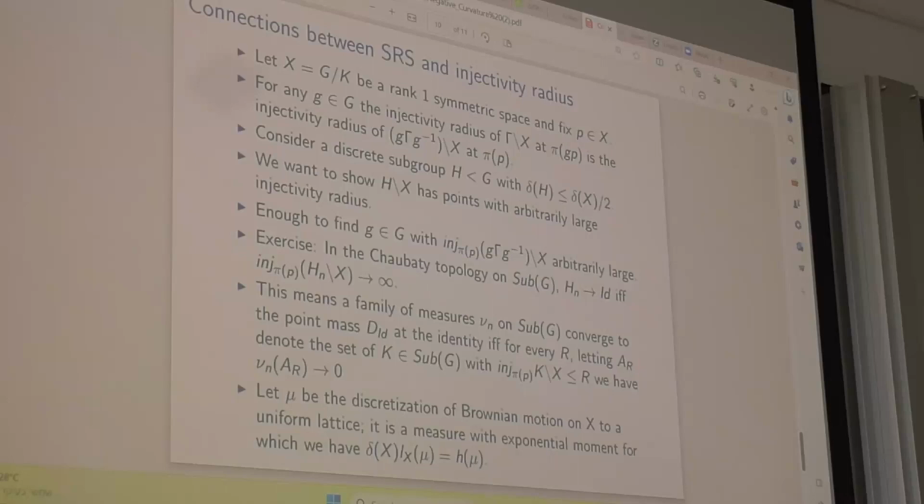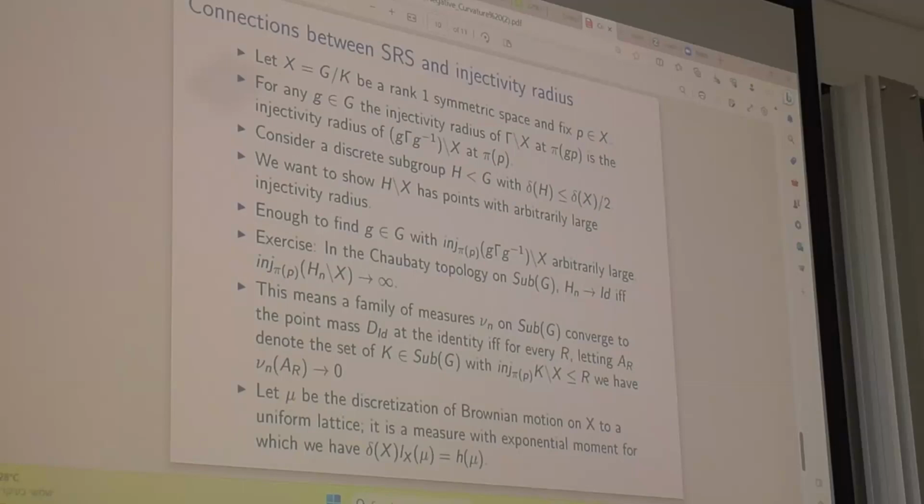Okay, so now we're ready to talk about measures. Suppose you fix a nice measure, nicer than Poisson. This is a discretization of Brownian motion to uniform lattices.